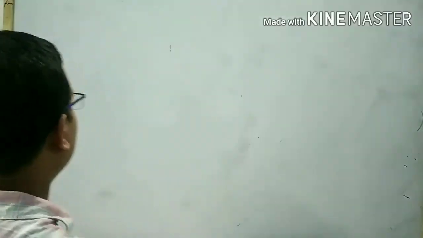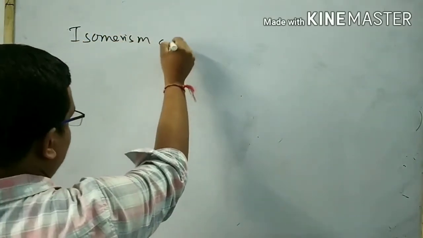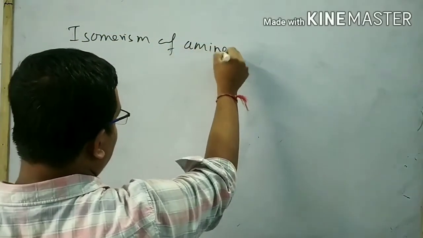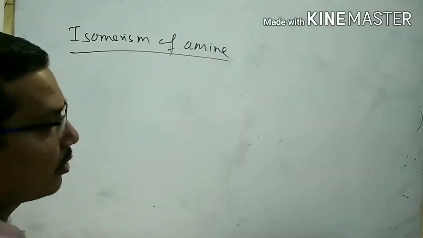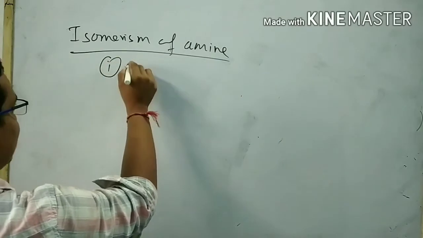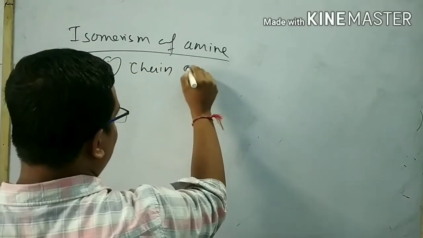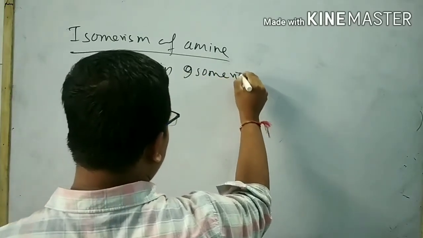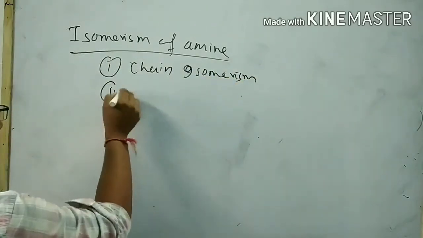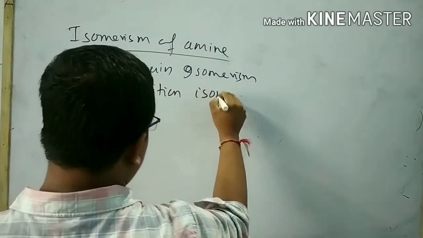Let me explain the isomerism of amines. Generally, amines show four types of structural isomerism. One is chain isomerism. Number two is positional isomerism.